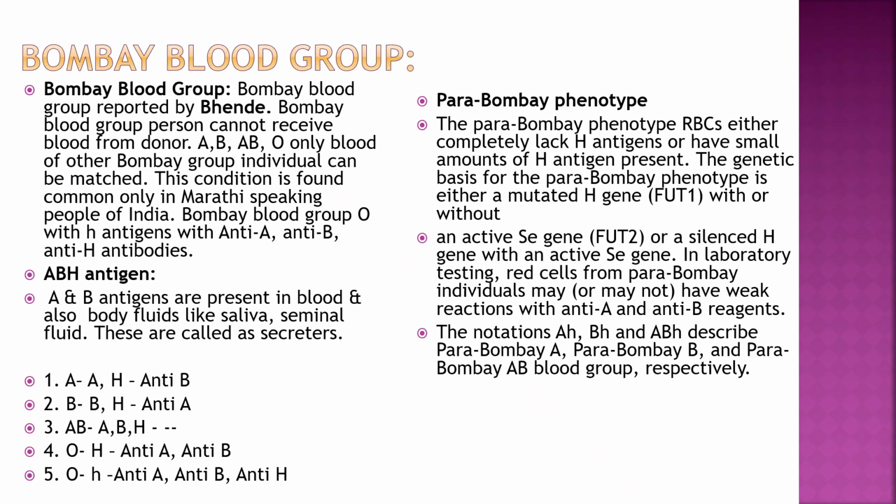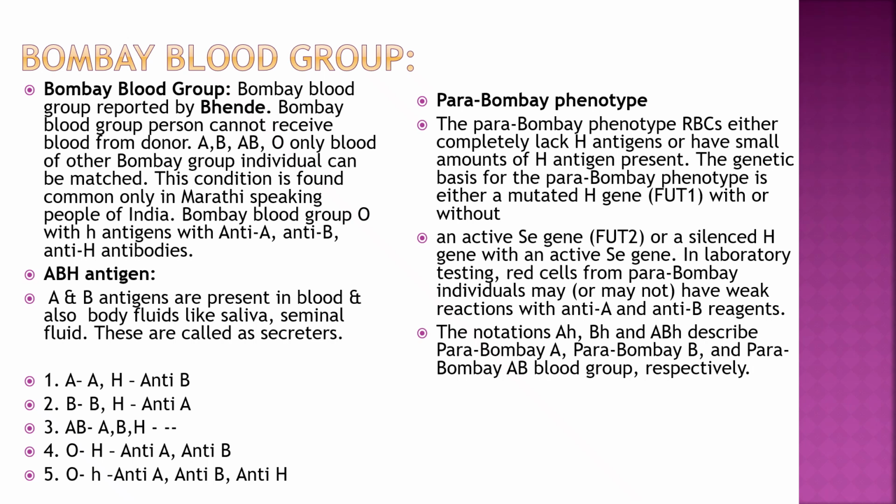Some points about Bombay blood group. It was discovered by Bhende. Normally H antigen is present. It is seen in saliva, seminal fluid, so it is also called secretory antigen. If H antigen is absent, then you will see anti-H antibodies in the blood. Normally H antigen is present in blood, so no anti-H antibodies are seen. In O group, if O positive, then both anti-A and anti-B antibodies are seen and no antigen.